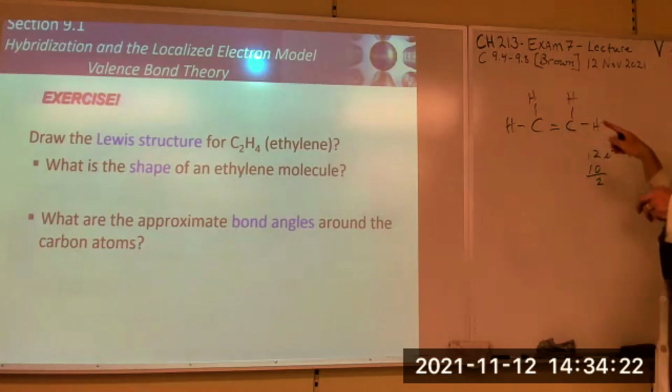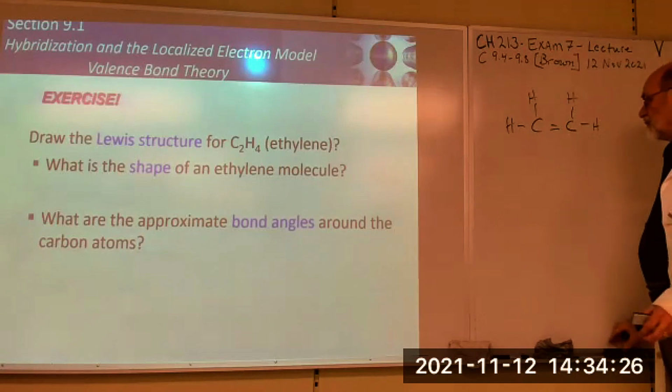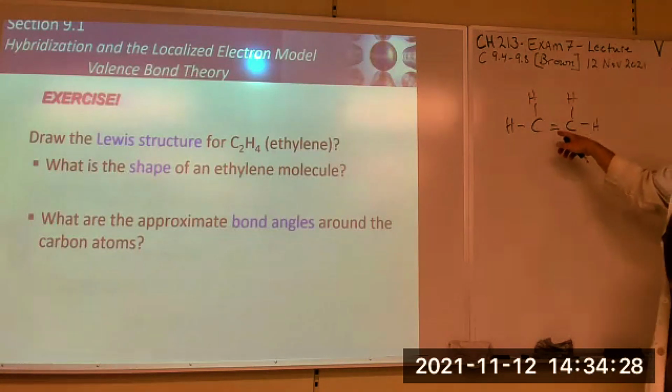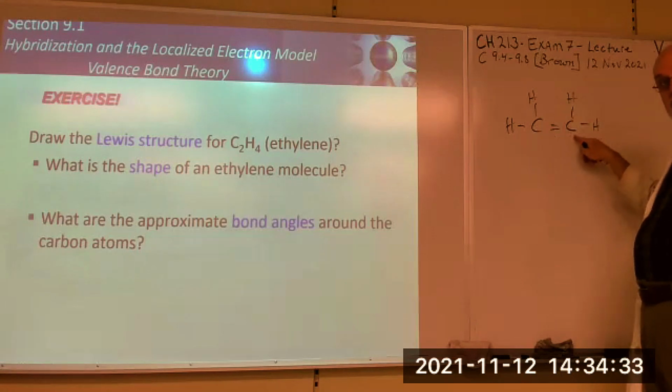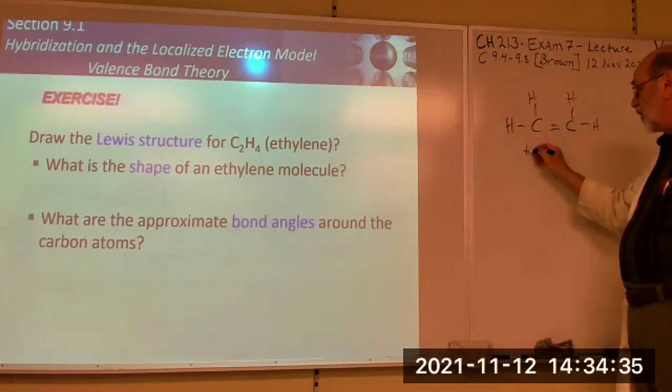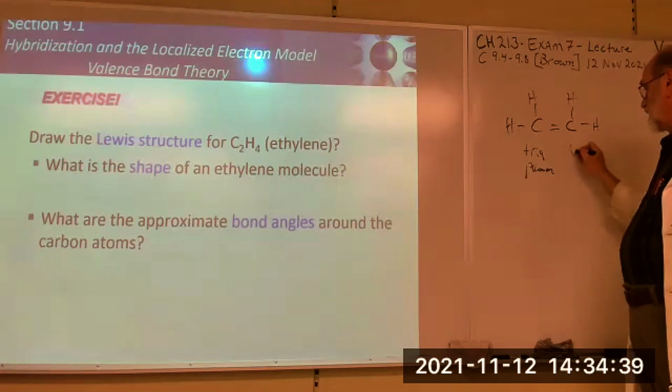Now, around each carbon, we could have different structures. But since these are equivalent carbons, we've got 1, 2, 3 around that one, 1, 2, 3 around this one. So that means this one is trigonal planar, and this one is trigonal planar.